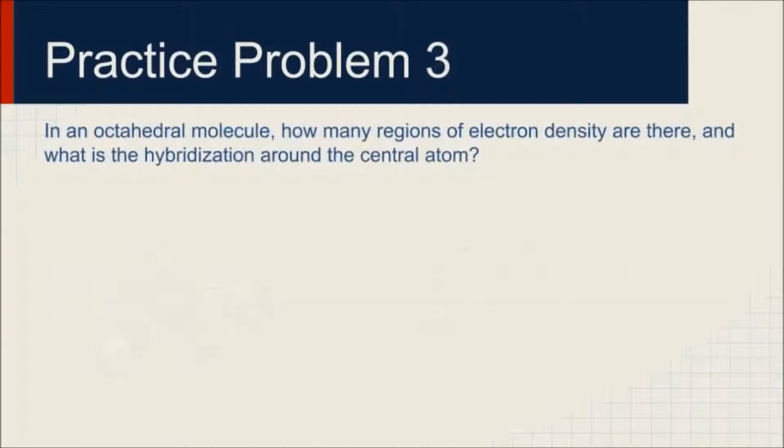In an octahedral molecule, how many regions of electron density are there, and what is the hybridization around the central atom?